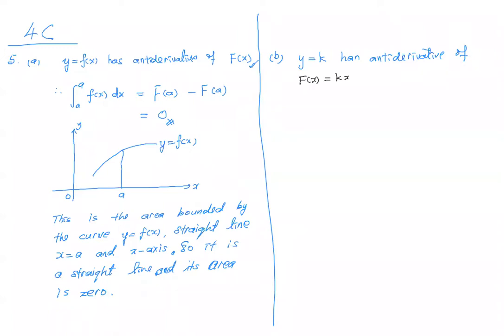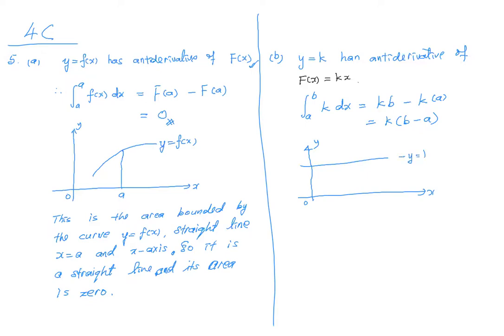Okay. So then only I write down integrate from a to b. So this will be kb minus ka. Right, so this will be k(b minus a). So how are we going to show graphically if I want? I will draw a graph. This is not part of this question. So this is y equal to k. This is my a. This is my b.